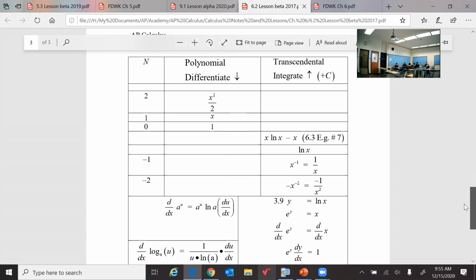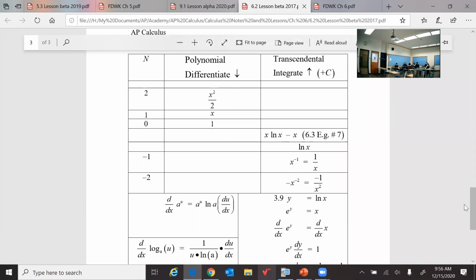And then big picture, I try to do this table and kind of summarize what we're doing for power functions. Okay? If I say my power is 2, I have x over 2, I differentiate that, you get x.